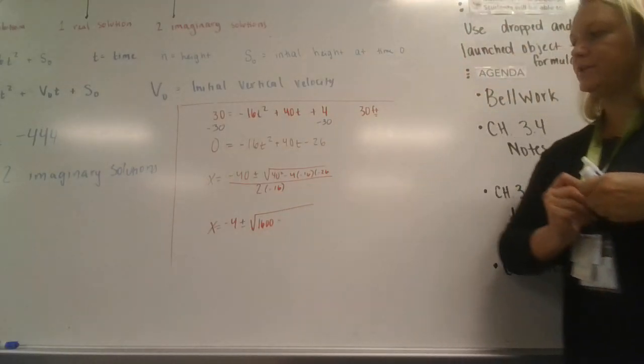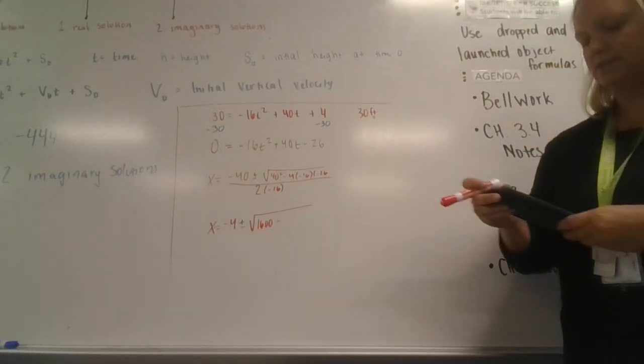All right, so I do 40 squared in the calculator and it comes out 1,600.